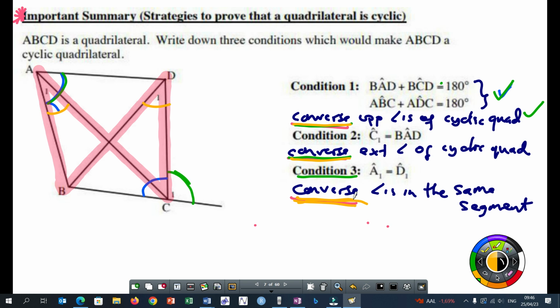Identify if there is an exterior angle of the quadrilateral. If it's there, then you might need to use it. If it's not there, you throw away condition 2. If the opposite angles can add up to 180 degrees, then you use condition 1. If the angles cannot add up to 180 degrees, it means you might have to use condition 2 or condition 3. So it will depend on the question.